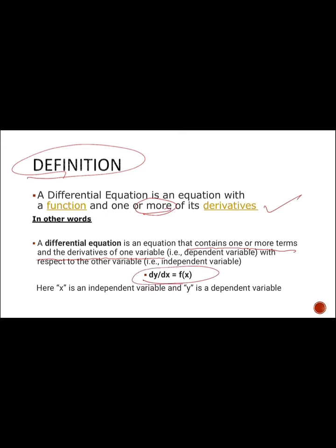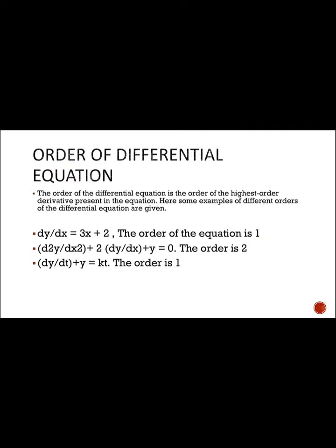In this case, what do we have? We have y as the dependent variable, x as the independent variable. It means any change of y is caused by x. So it doesn't change on its own. It changes only if x changes.